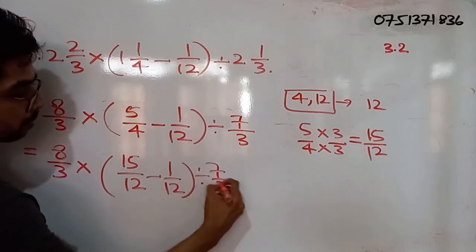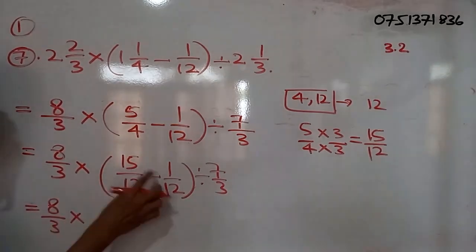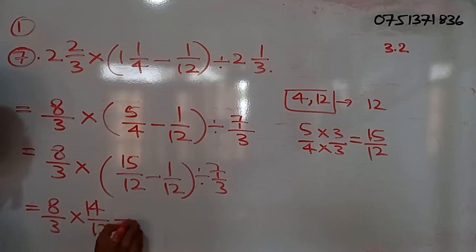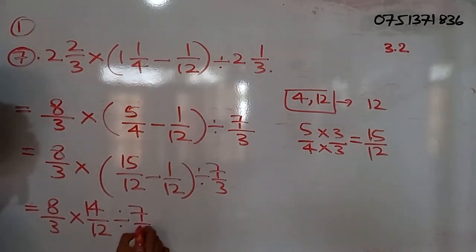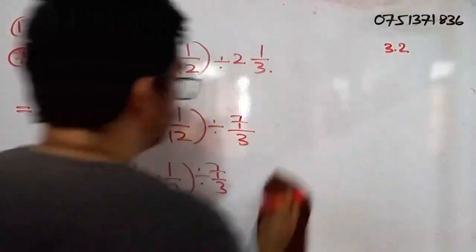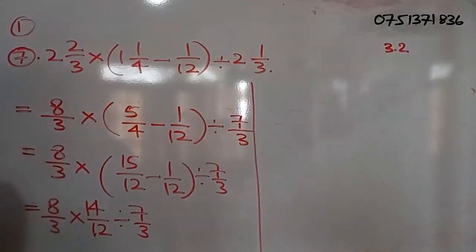Divide by 7 by 3. Again here we get 8 by 3 into, so when we simplify this part, we get what? 14 by 12. Divide by 7 by 3. Okay? So I will continue from this side of the board.